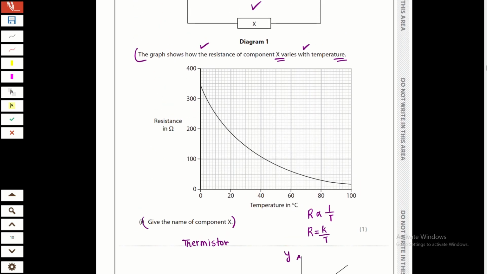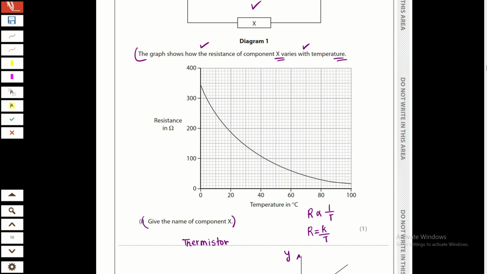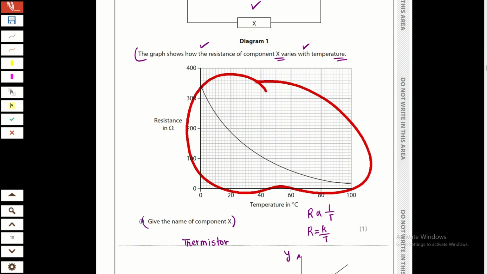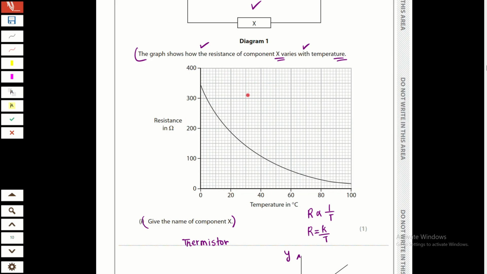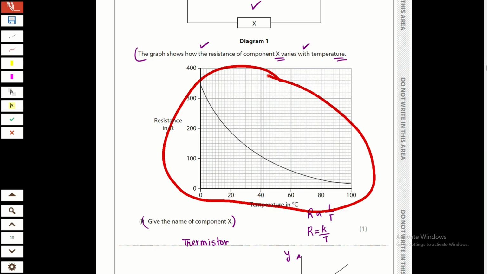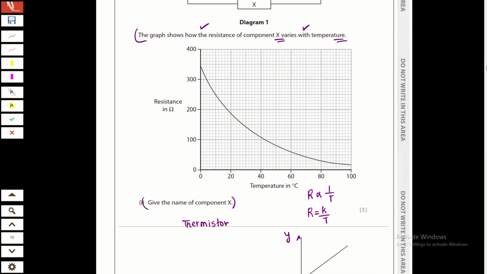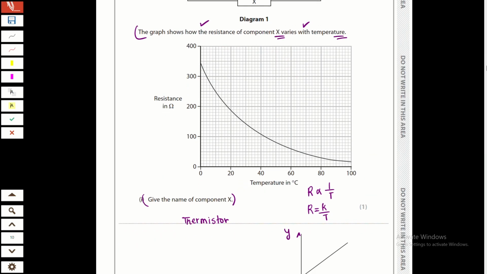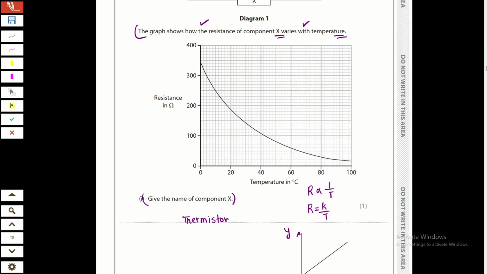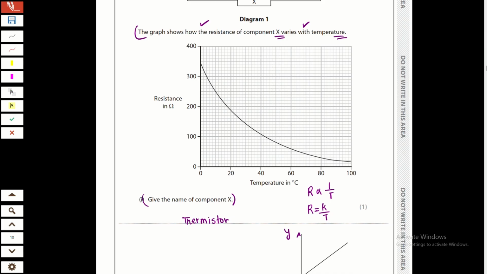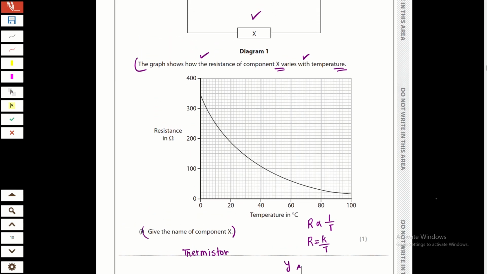And if two variables are inversely related to each other, then the graph would look like this, because fraction graphs have a shape similar to this one. So we know that in a thermistor, the resistance is inversely proportional to temperature. And so from the graph, we can deduce that the name of the component would be thermistor.